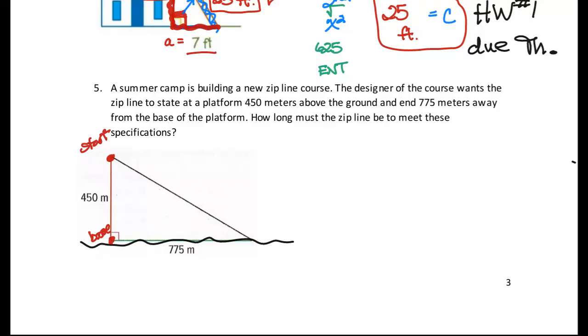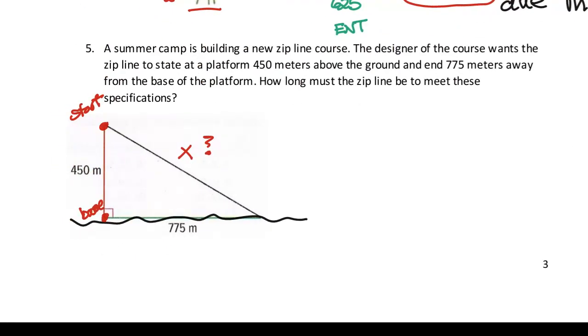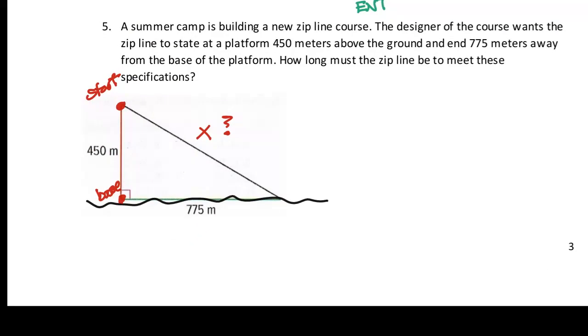So what we're looking for here is this amount, okay? Is that amount going to be my hypotenuse, or is that going to be one of the legs? The hypotenuse, yeah, hypotenuse.